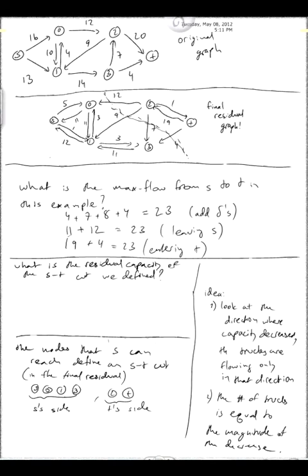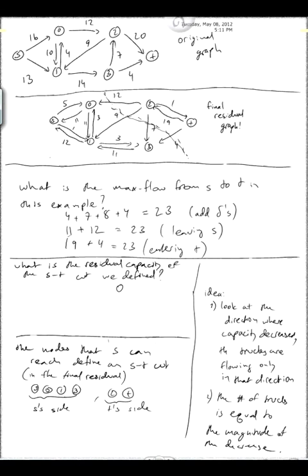And its residual capacity is just the sum of all the arcs that start at S's side and end in T's side in this residual graph. So there are no arcs that start in S's side and end in T's side. And so the residual capacity of this ST cut is 0. And this should be completely not surprising because that's how we define this cut.